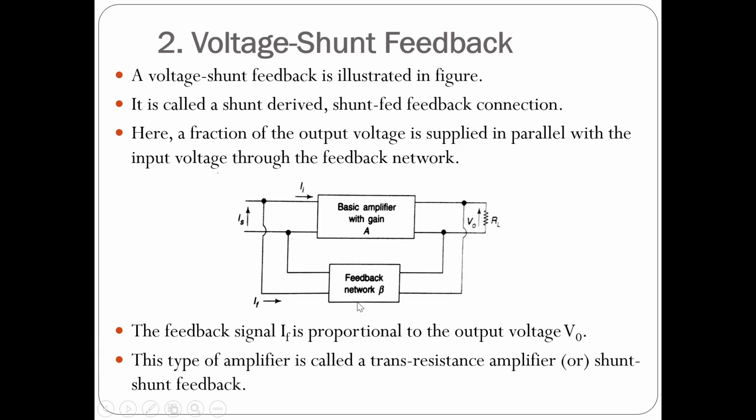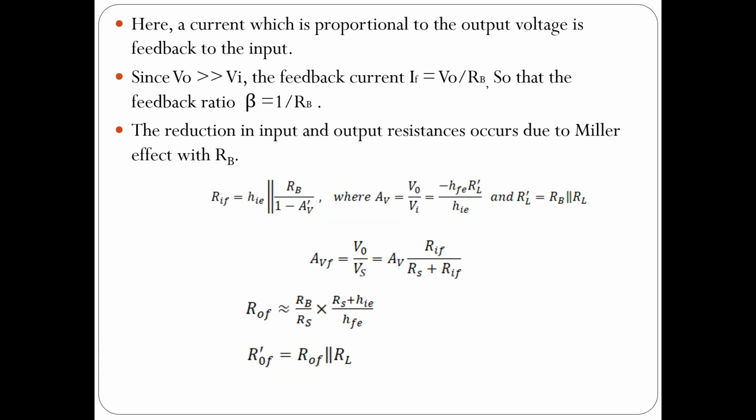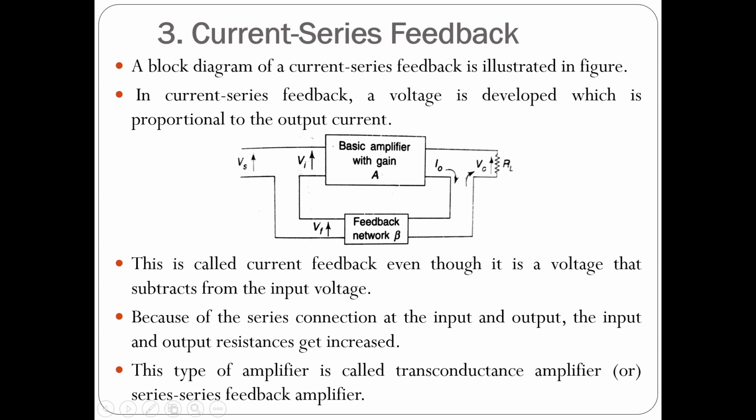The feedback signal If is proportional to the output voltage Vo, and this type of amplifier is called a transresistance amplifier or shunt-to-shunt feedback amplifier. The output resistance is ROF parallel RL, that is, the load resistance.